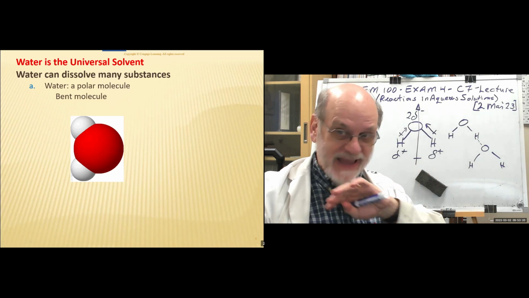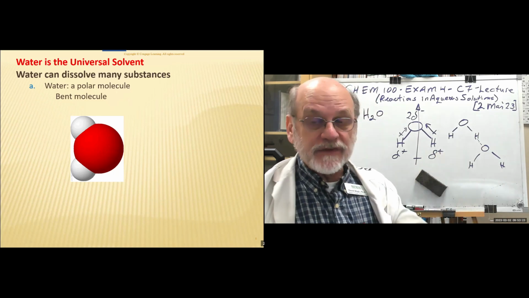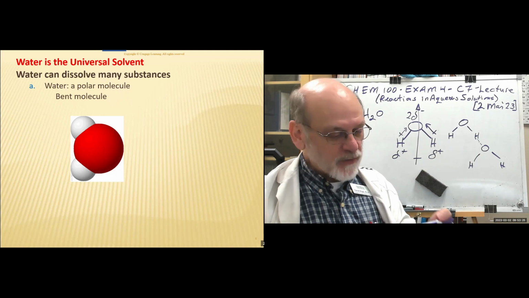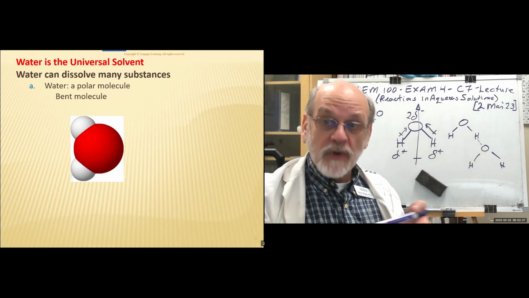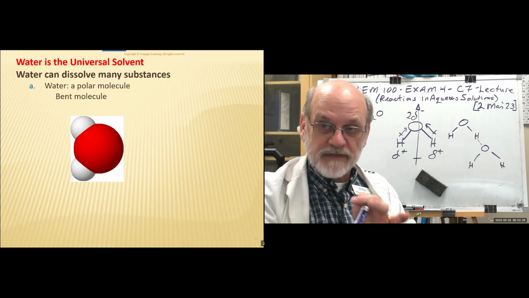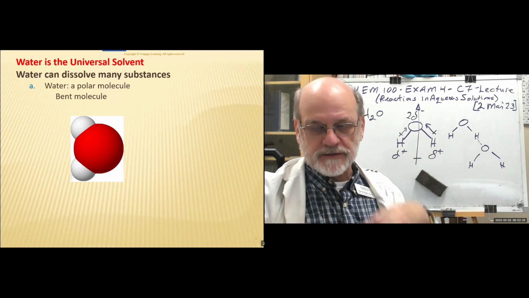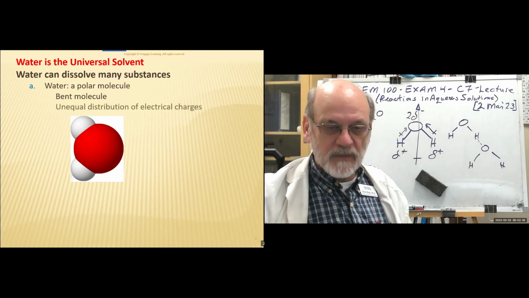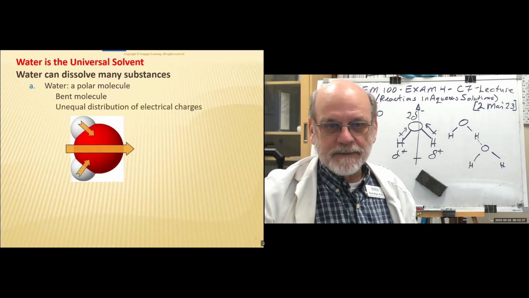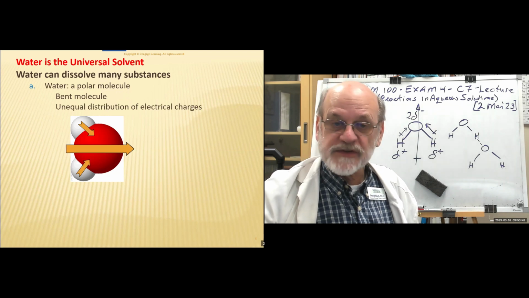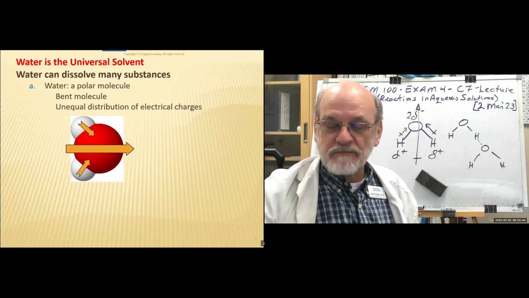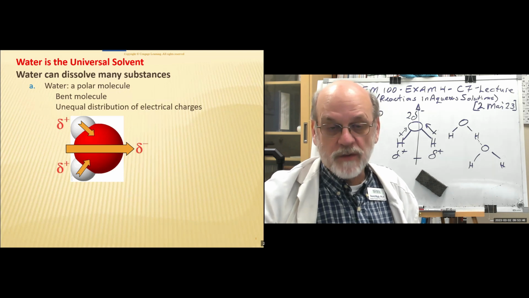And if there are any other molecules that you want to put in solution that either produce ions or polar molecules, they will be attracted to the water and brought into solution. All right, so there's our artistic representation of the polar nature of the water molecule.